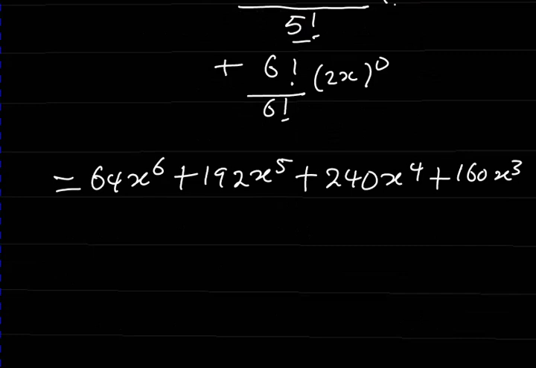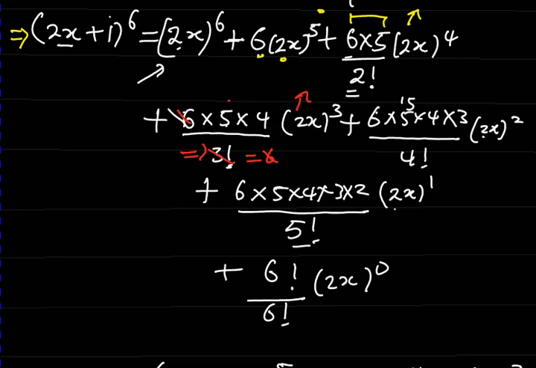Let's go to the next term, plus. Here we are. In this case I have 4 factorial. You know very well that 4 factorial is 4 times 3 times 2, and here I have 4 times 3 already, so this will be cancelled by this. The 2 will divide the 6 to give me 3. 3 times 5 is 15.